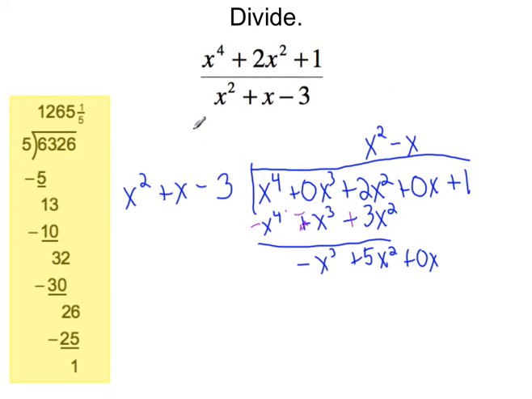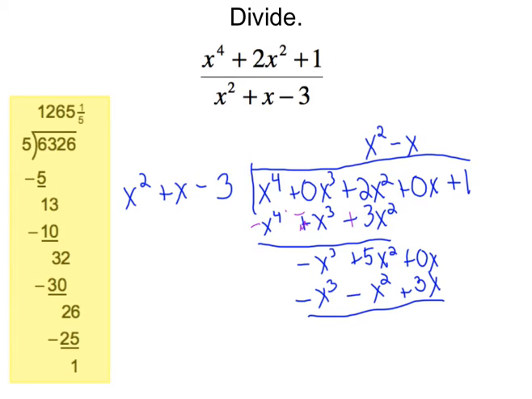Again, we're going to multiply through, so that would give me minus x to the 3rd, minus x squared plus 3x. And you can see why these 0 placeholders are so important, because up here I wouldn't have been able to add my like terms together, and same thing over here.